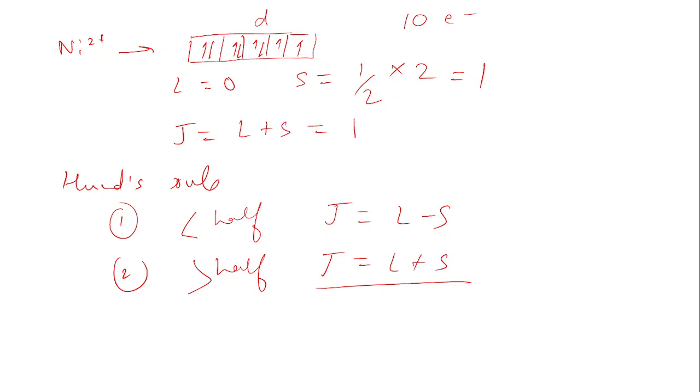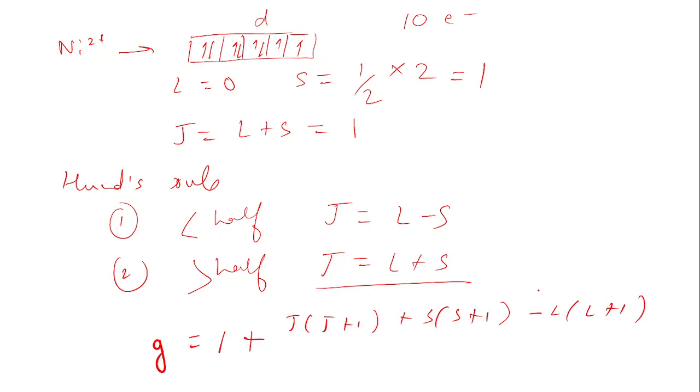So from this we can find the Landé g factor. The formula is 1 plus [J(J+1) plus S(S+1) minus L(L+1)] divided by 2J(J+1).